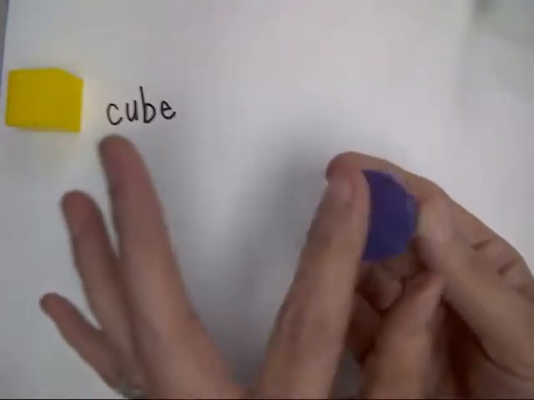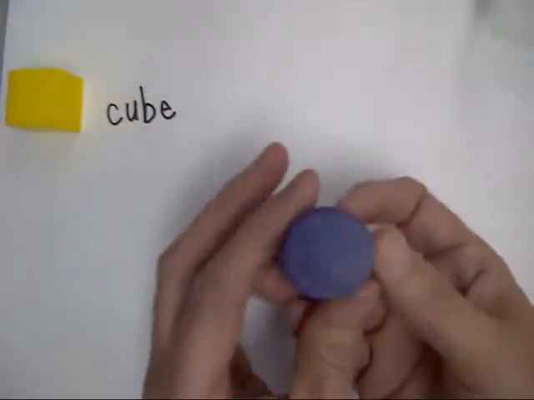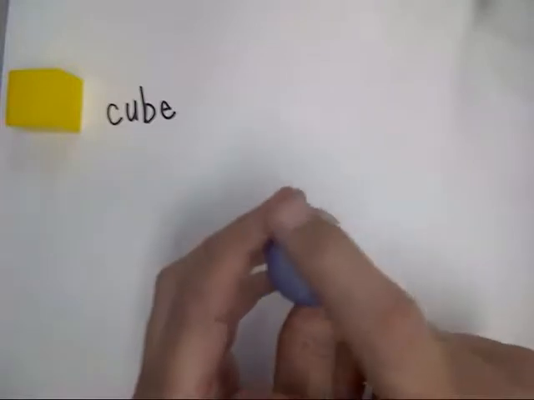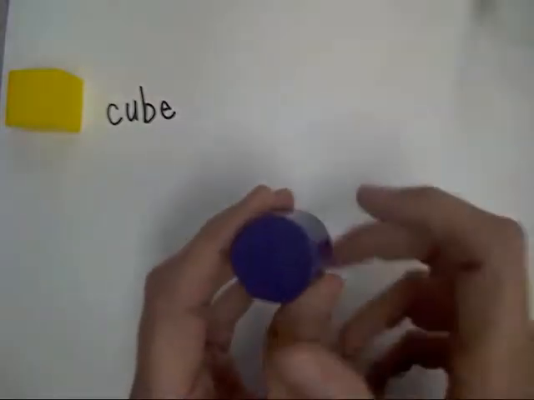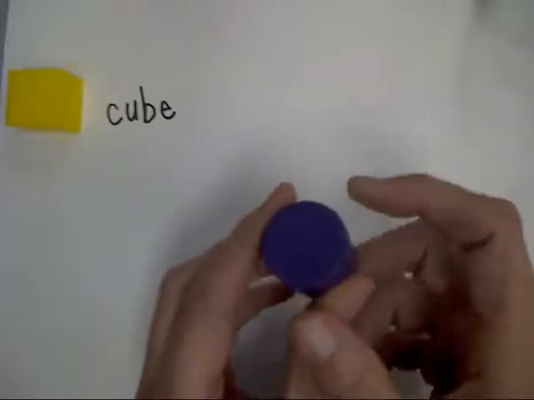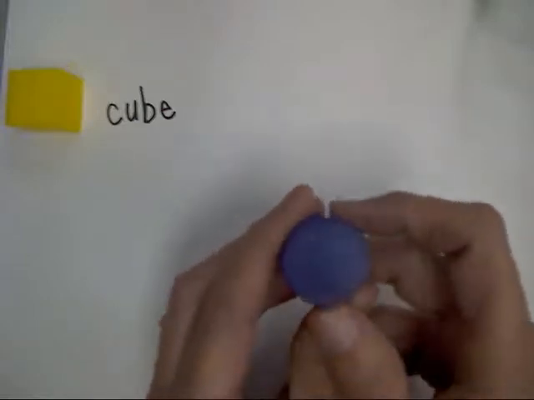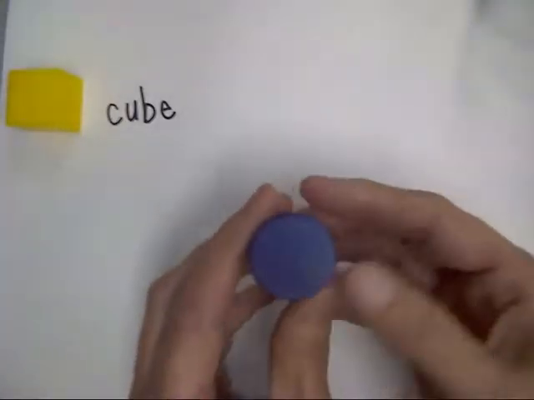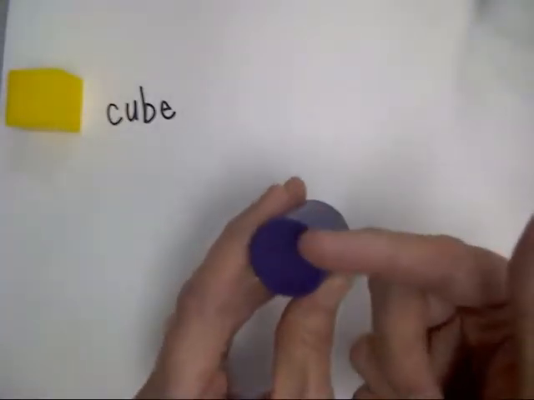This one has 2 faces. This is a circle, isn't it? But a circle is flat. This one is not. It pops up.